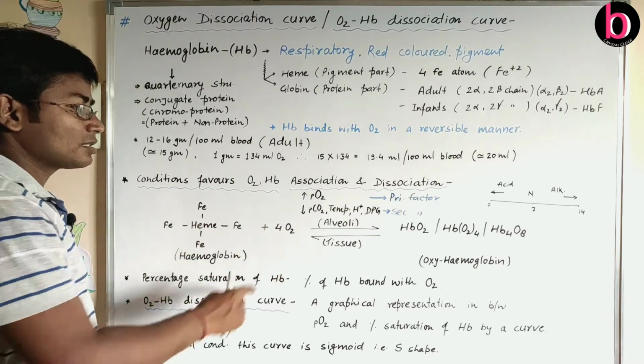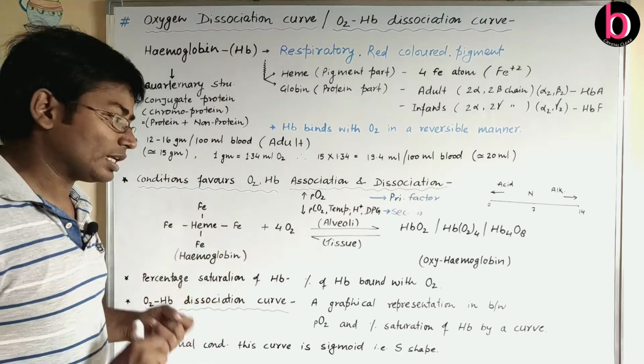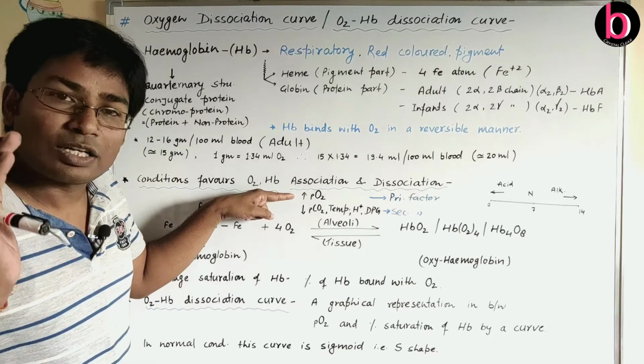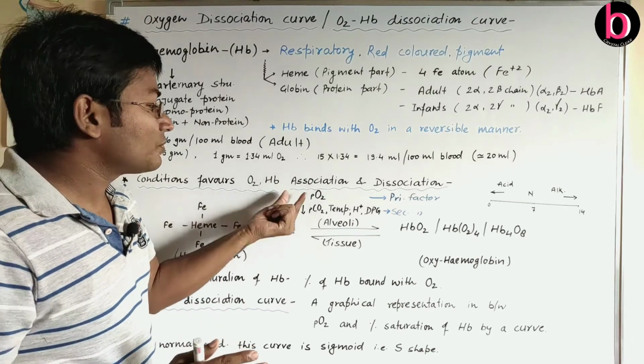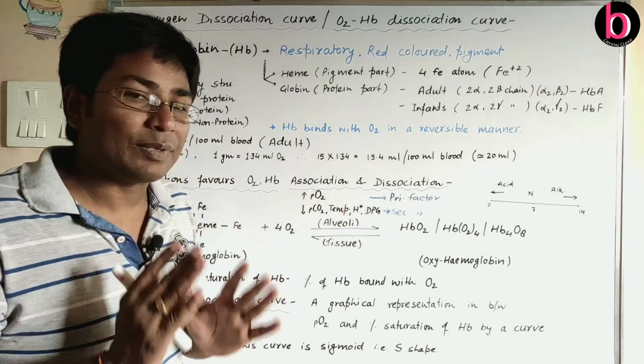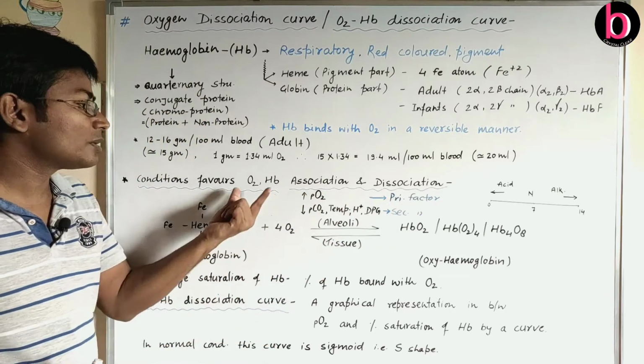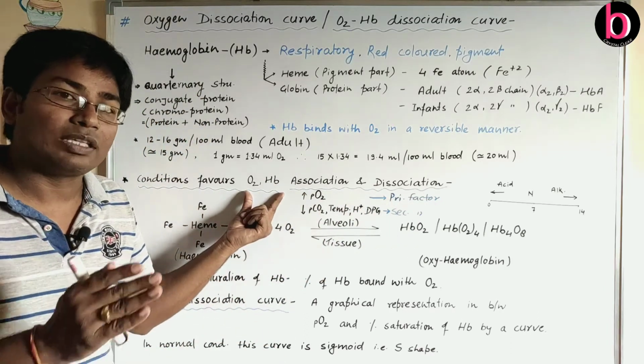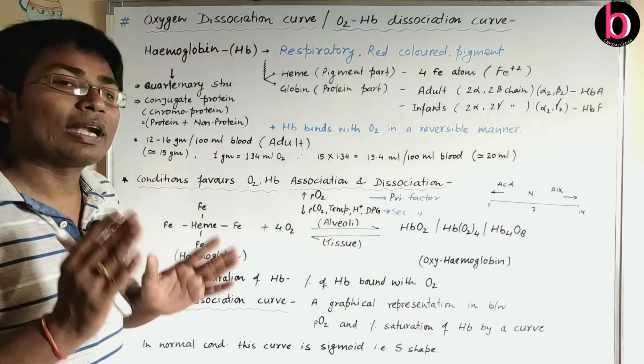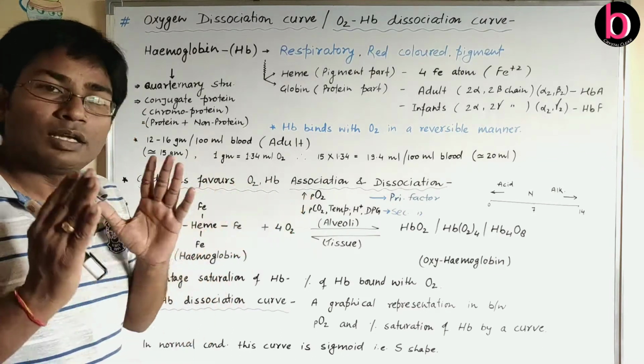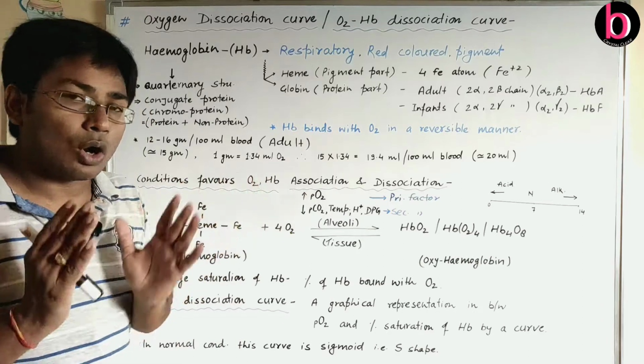Now the conditions which favor their association. Partial pressure of oxygen is the primary factor responsible for association between these two. First, what is partial pressure of oxygen? We earlier discussed all these things.